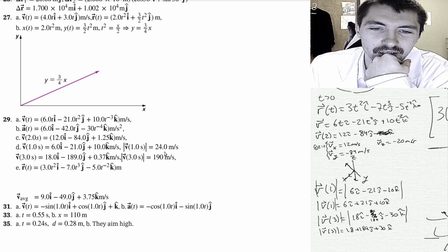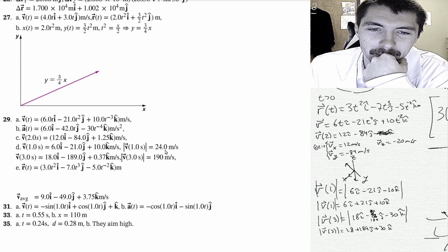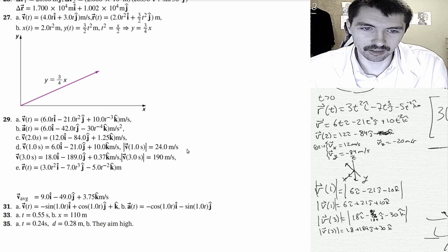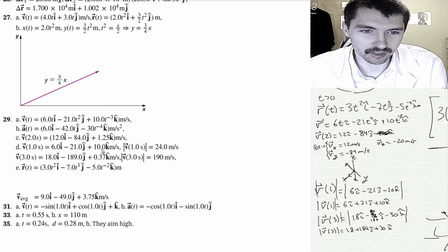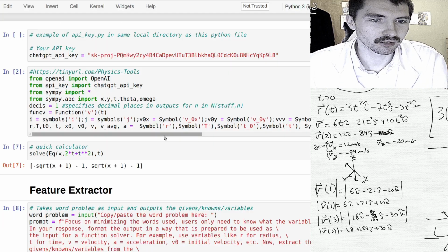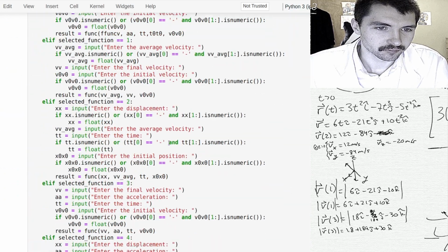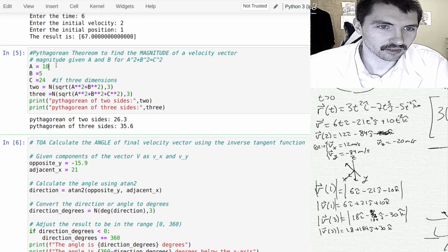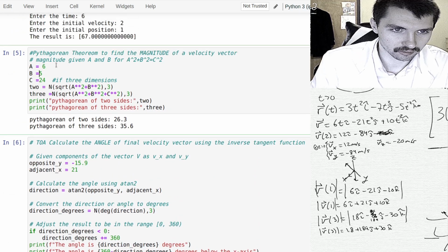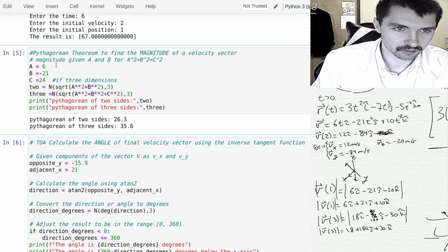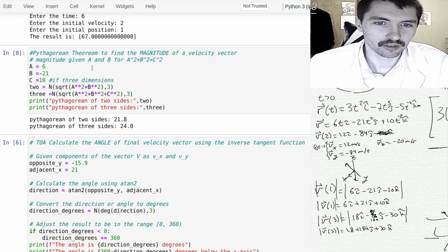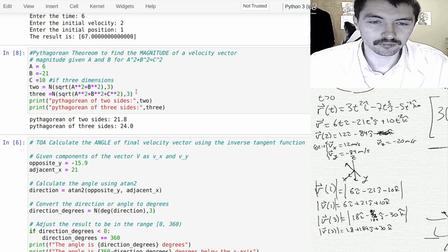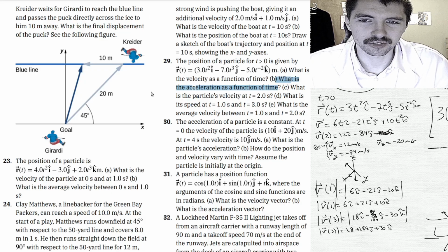Okay, so how did they... Are they saying speed is the dot product? 6, negative 21, 10. Let me do a quick Pythagoras theorem. 6. Okay, so yeah, they're saying the speed is a Pythagoras theorem.